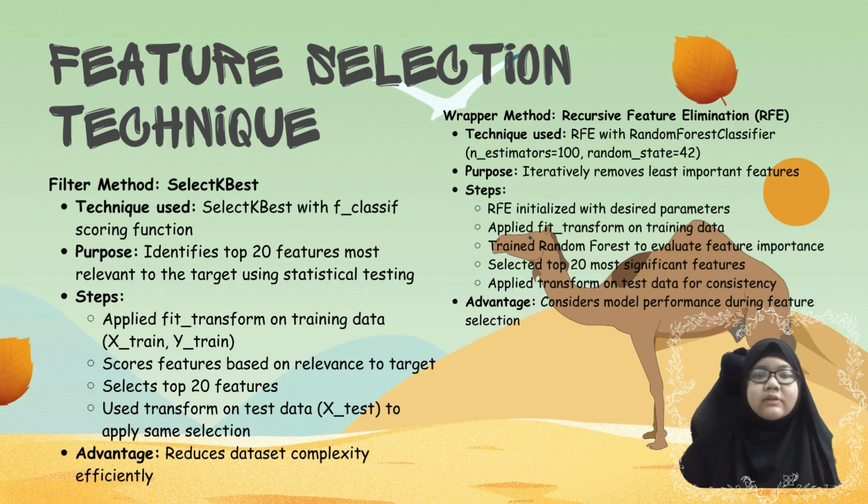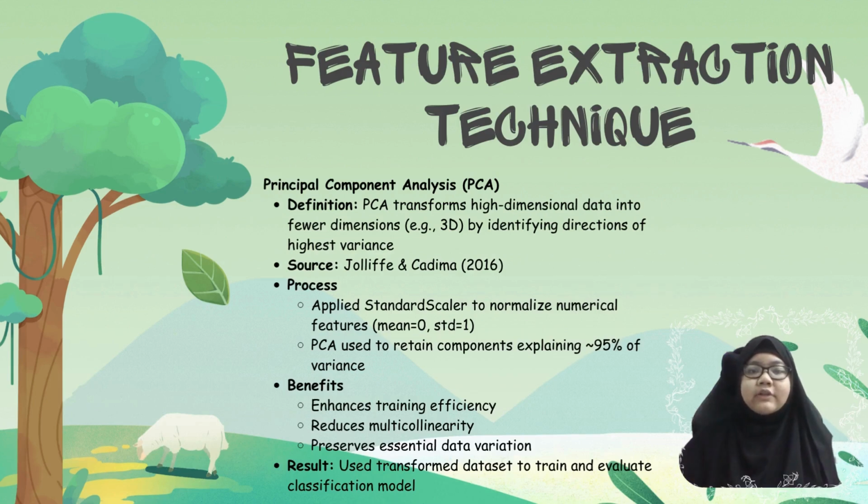Again, we use fit_transform on the training data and transform on the test data to keep everything consistent. The advantage of RFE is that it directly considers the performance of the model while selecting features, which often leads to better results.